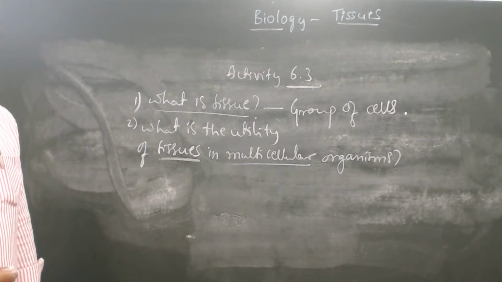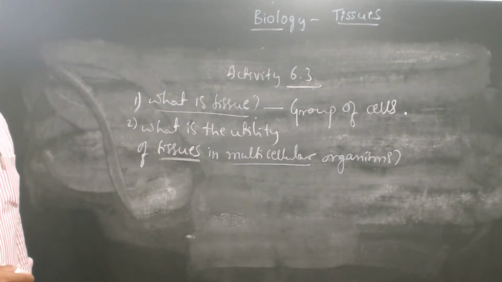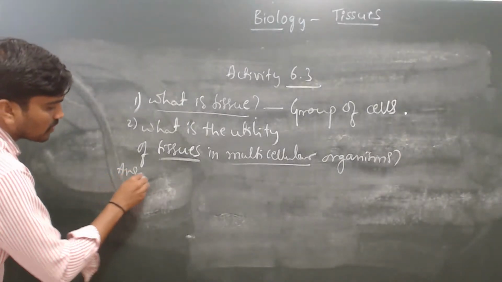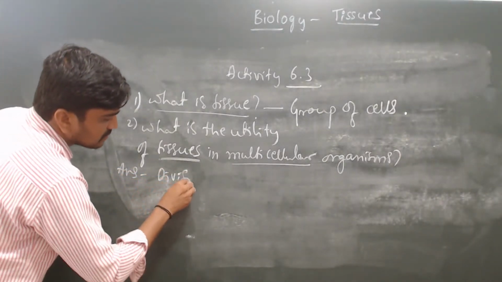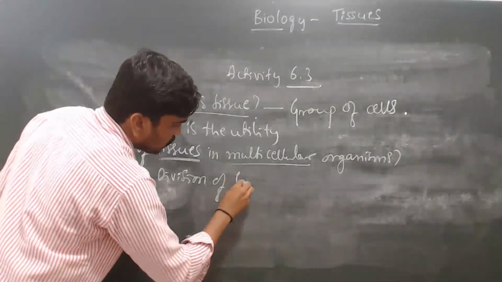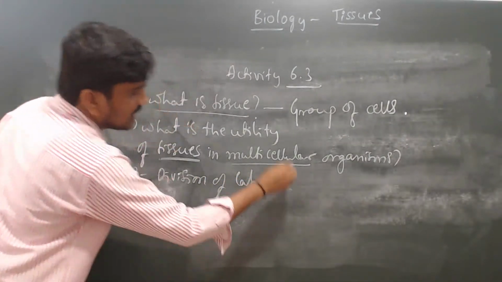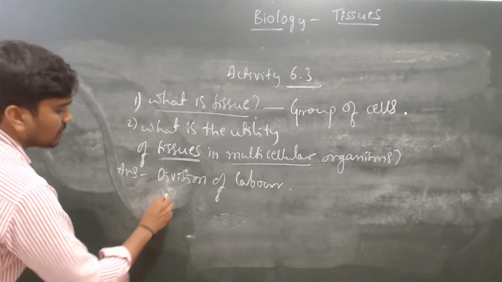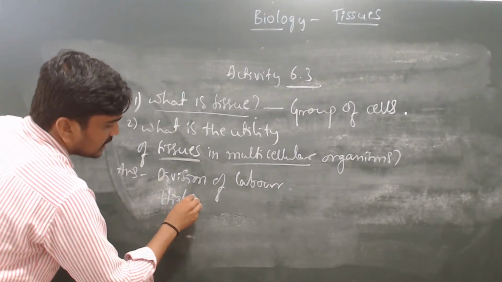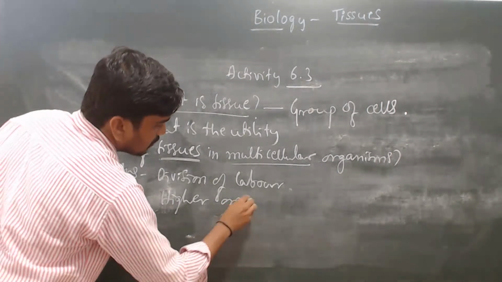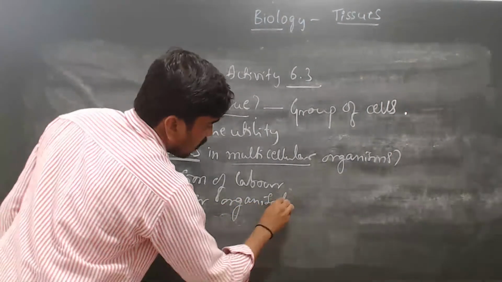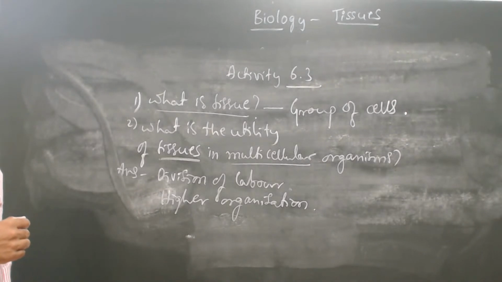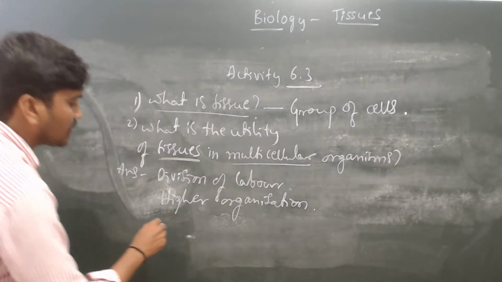It mainly helps for division of labor. Here I will write the answer. First one is division of labor, and second one is higher organization. The next one is higher survival.